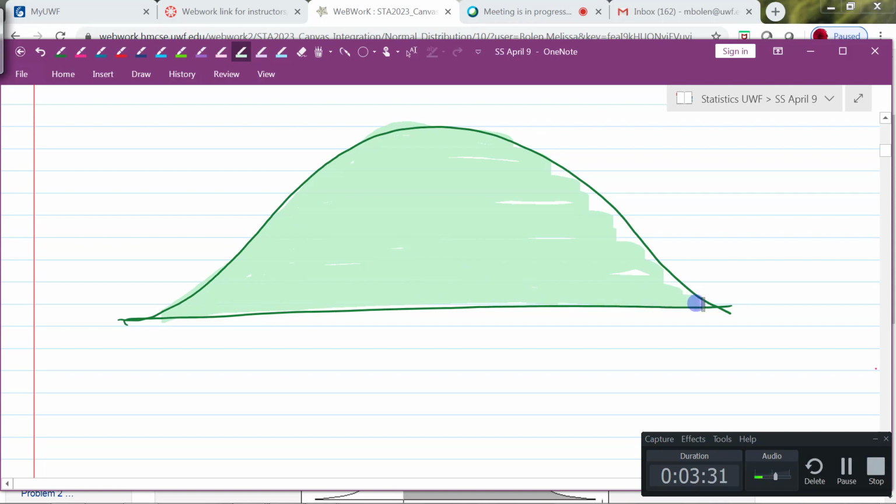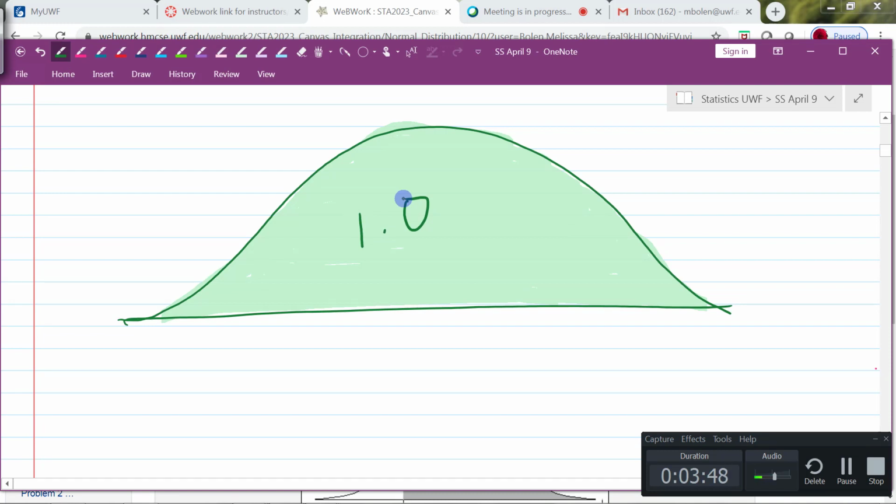So we're talking a physical area. And what we have right here is the physical area under this curve. Underneath all of this is 1.0.